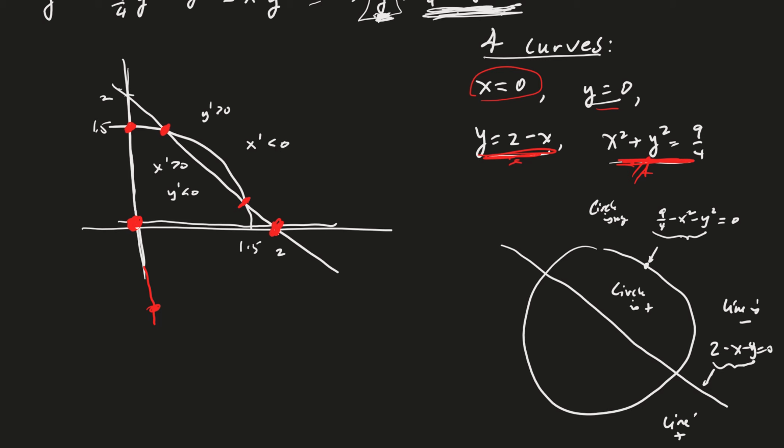Okay? And so let's put in the arrows now. If you're on the line, that means x prime is equal to 0. And so what about y prime? Well, in this region, y prime is positive. Therefore, you're going to be moving in what direction?